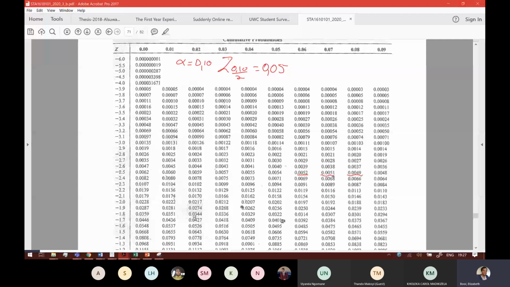All of them are one deviation away from 0.5. If I add 1 here, I will have 0.5. If I subtract 0.001 from here, I round it down, I will get 0.05.